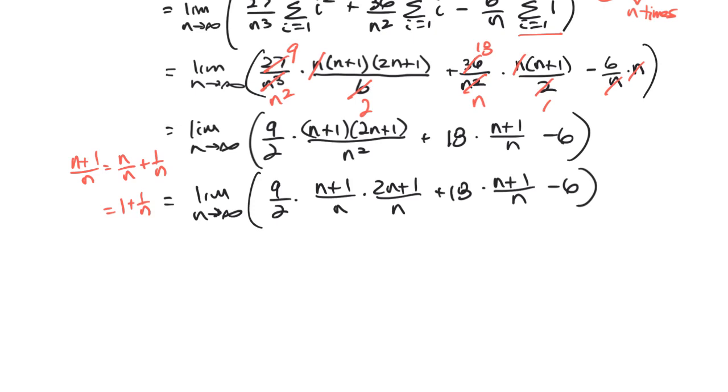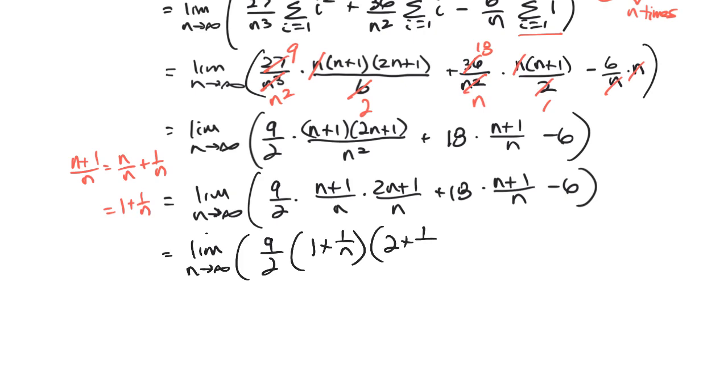So I'm going to rewrite these. I'm going to write this as the limit as n approaches infinity, 9 halves times 1 plus 1 over n. This would be 2 plus 1 over n, 1 plus 1 over n minus 6.